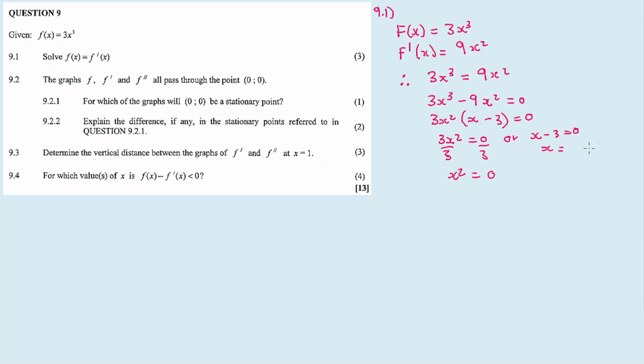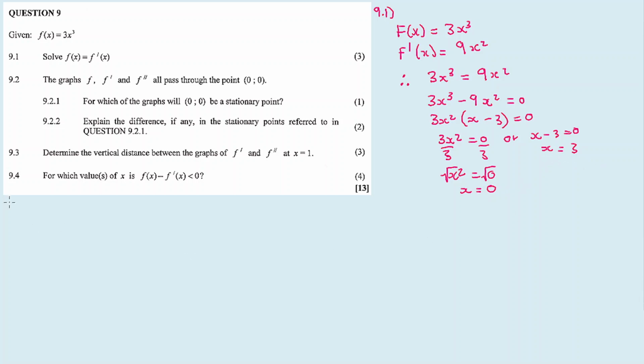And for the other one, x equal to 0, because the square root of 0 is 0 anyway. So there's no plus minus for 0. So our solutions are x equal to 0 and x equal to 3.